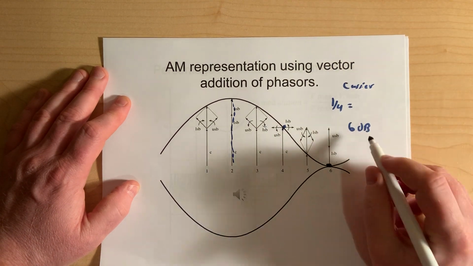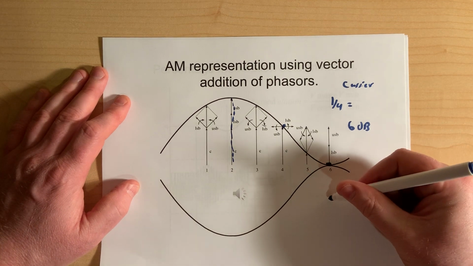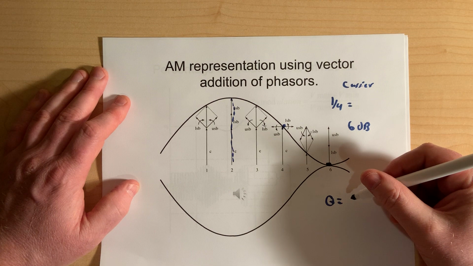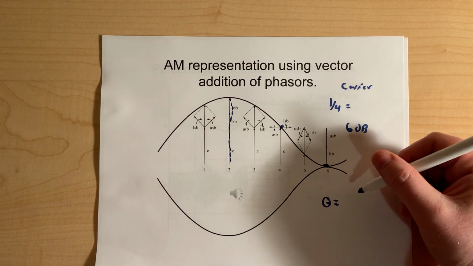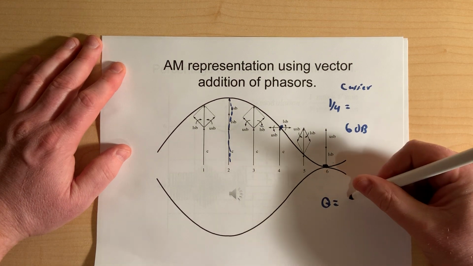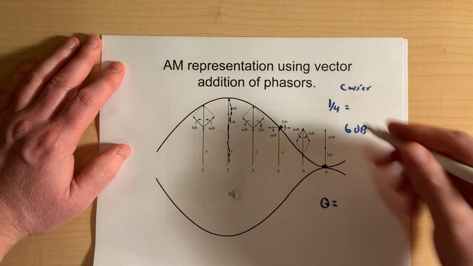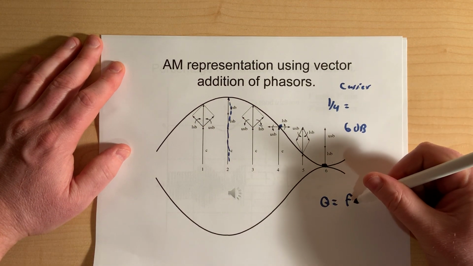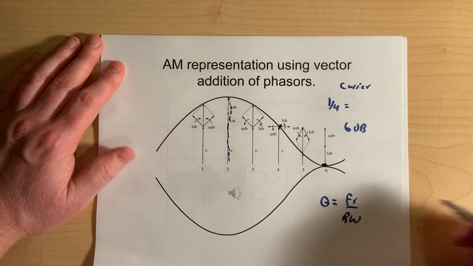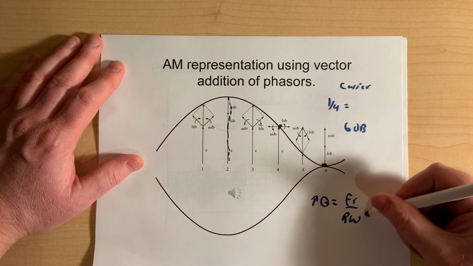Remember when we talk about bandwidth, there's this relationship to consider when we talk about the quality, which is going to be the Q of the circuit, the resonant frequency over bandwidth, right? And we have this inverse relationship between Q and bandwidth. So if the quality of the circuit goes up, the bandwidth goes down.